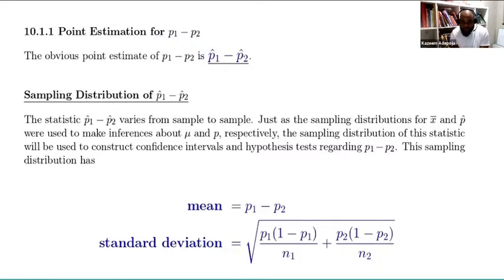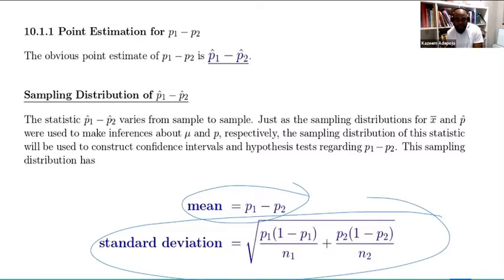By way of sampling distribution, if 1,000 investigators should go into the two populations, take sample sizes, and compute P cap 1 and P cap 2, they're going to get different values. Because of that, this difference that I circled becomes a random variable. If you plot the histogram of this and it follows a normal distribution, then we can say the mean is going to be this and the standard deviation is going to be that.